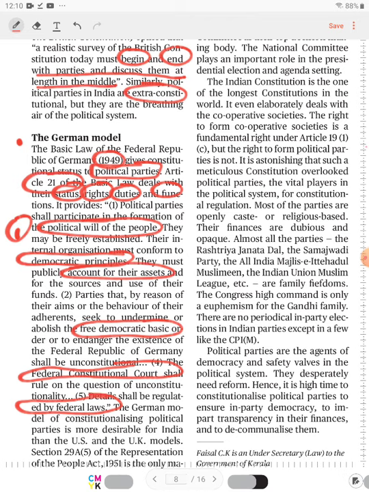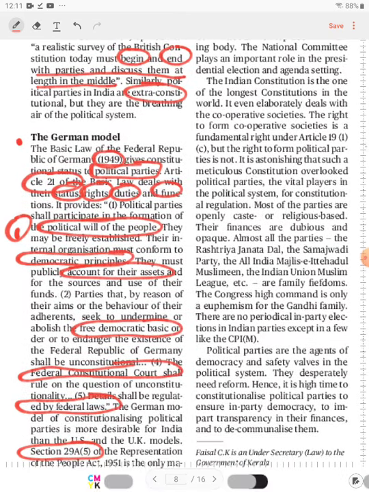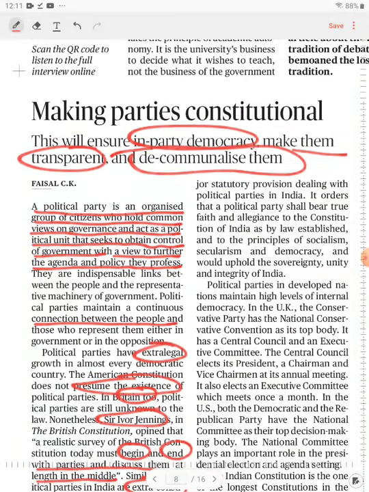Yes, we must have such political party regulation. Actually, our Representation of People Act, commonly we call it as RPA, the RPA 1951, right? In that, particularly Section 29A(5), it talks about the political party.